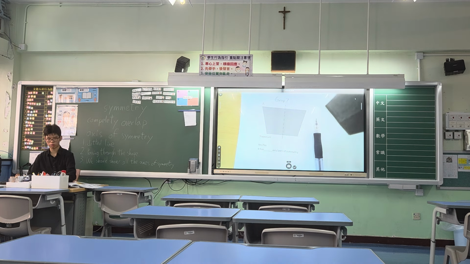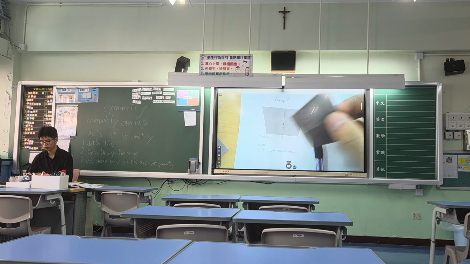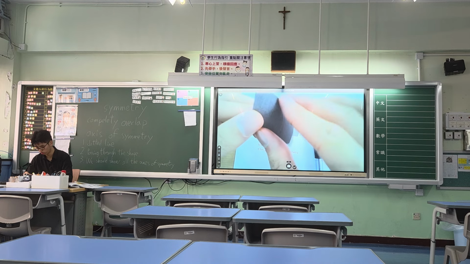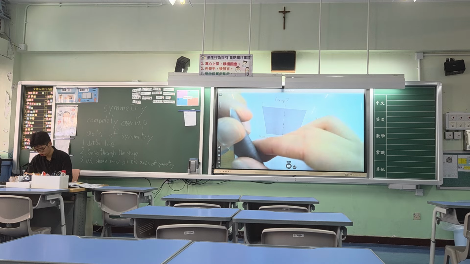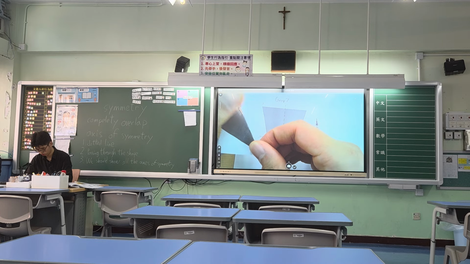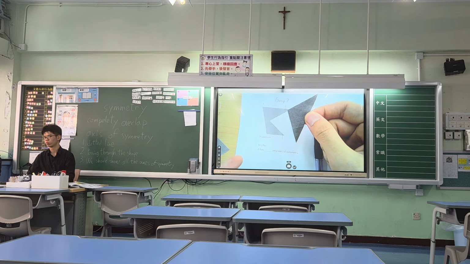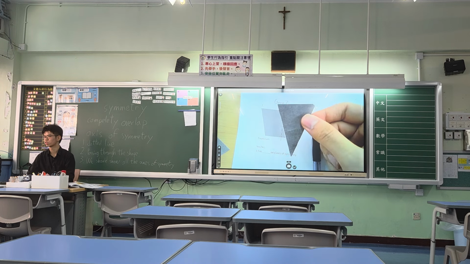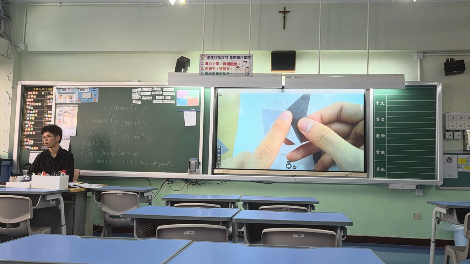But similarly, like the parallelogram, if I fold it along like this, you cannot get a completely overlapping shape. Okay, you can see the white part here.